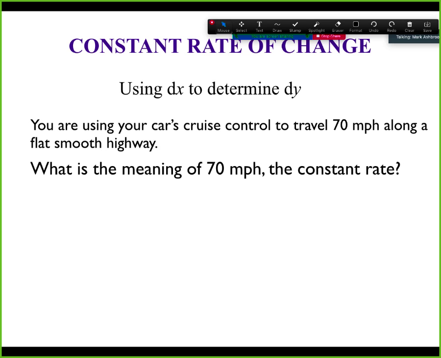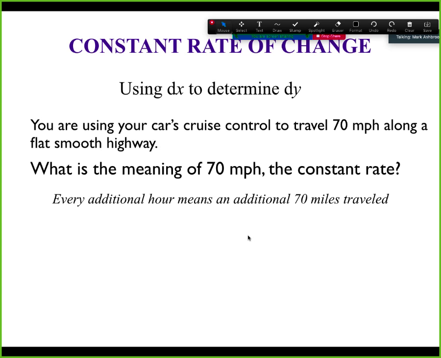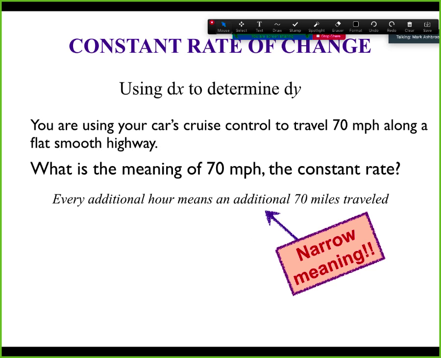Okay, so those were two different responses. So every additional hour means an additional 70 miles traveled. Is that what it means? Technically, yeah, but we can talk about half an hour and other periods of time too. Remember from first day? So yes, this is true, but it's narrow. We've said this before.